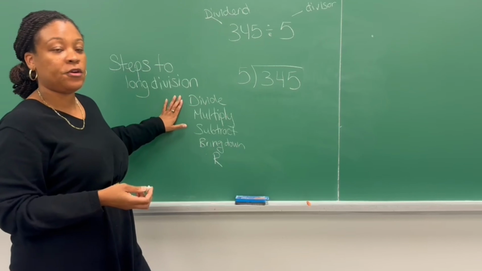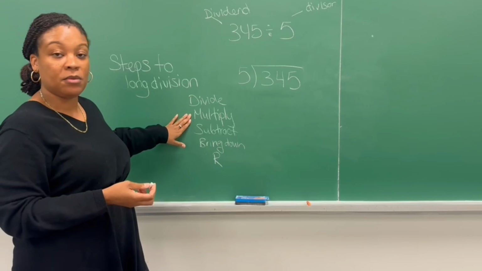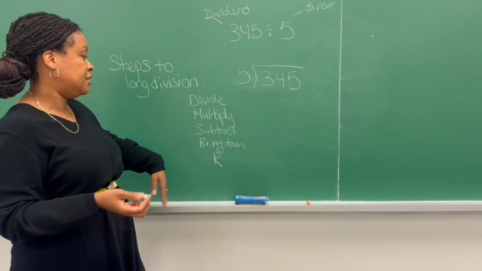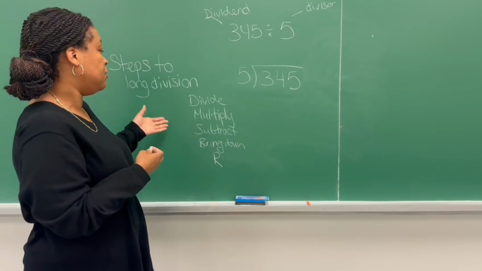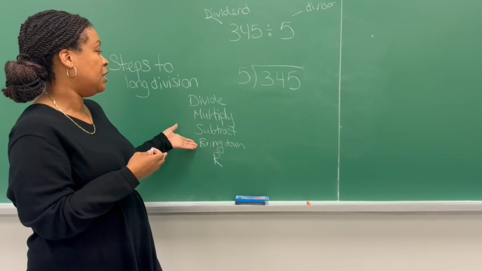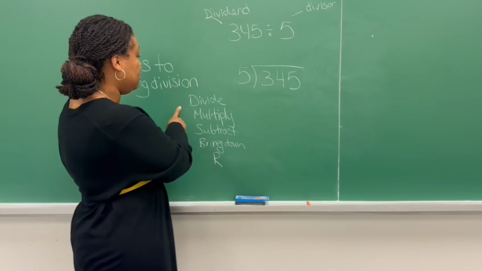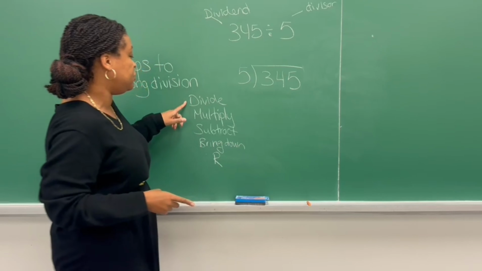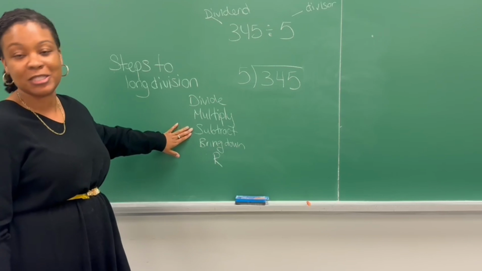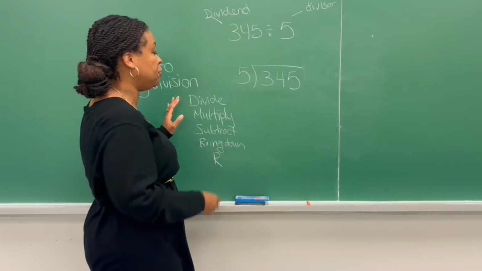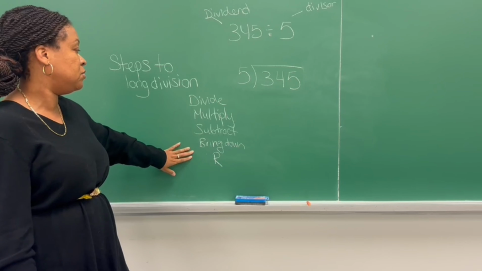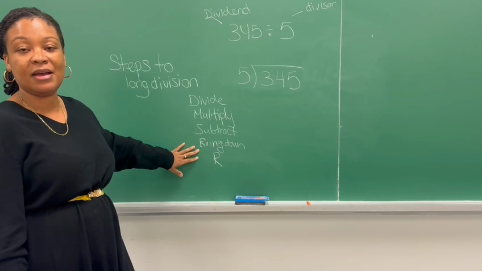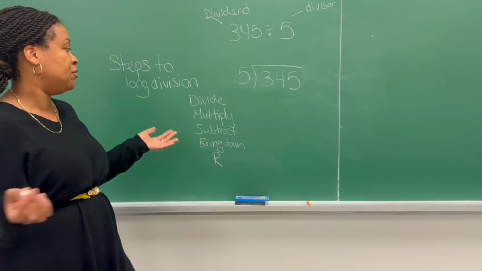So the very first step is to divide, we then multiply, we then subtract, and then we bring down. 2 acronyms that you can use to help you remember this would be do monkeys smell bad? Or you could say dad, mom, sister, brother. Those are 2 different ways that you can help you remember the steps in a fun way.